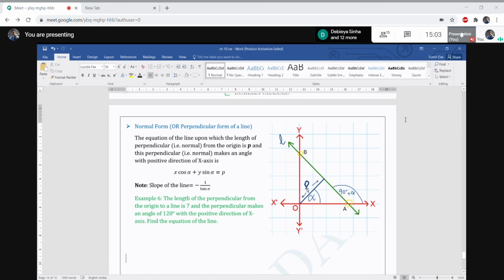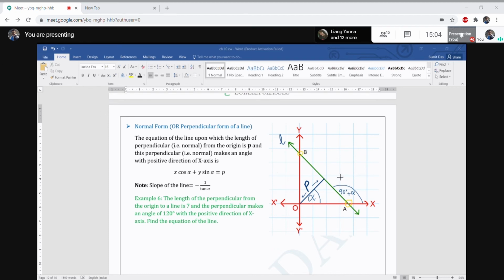I may write here, suppose it is Q. This OQ is the perpendicular.